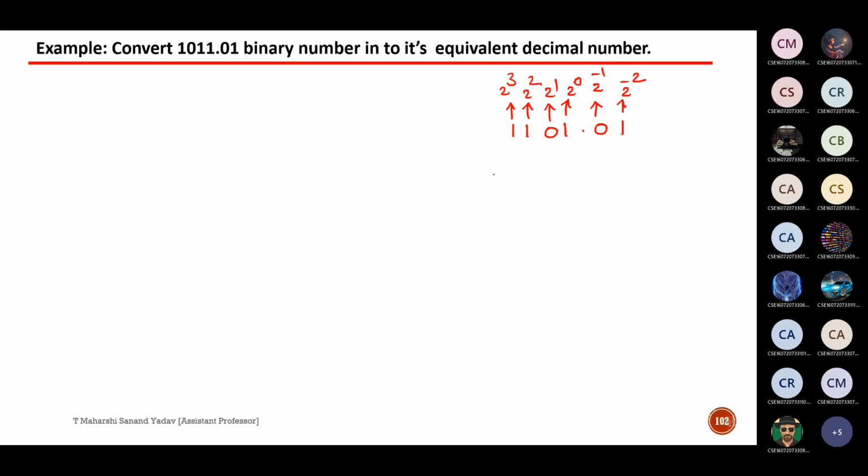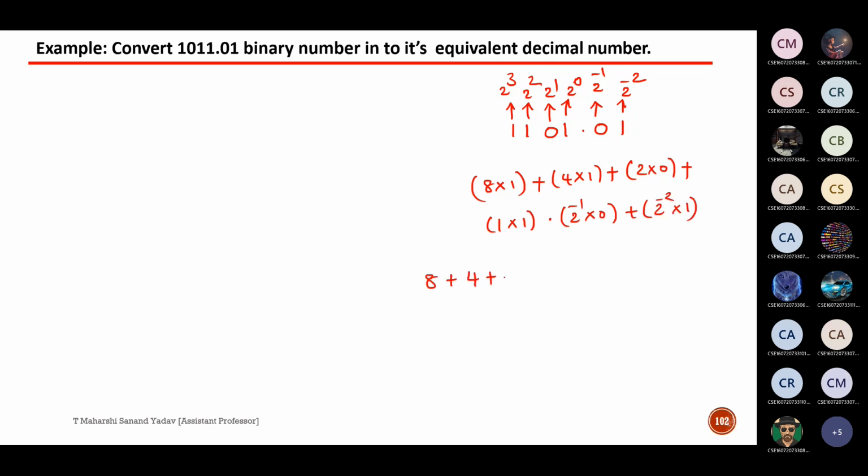What is the next step? 2 power 3 into 1, that is 8 into 1, plus 2 square is 4 into 1, plus 2 power 1 is 2 into 0, plus 2 power 0 is 1 into 1, point 2 power minus 1 into 0 plus 2 power minus 2 into 1. So this will be 8 plus 4 plus 0 plus 1, point 0 plus 2 power minus 2. So 8 plus 4 is 12, 12 plus 1 is 13.